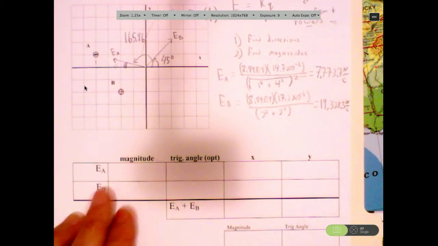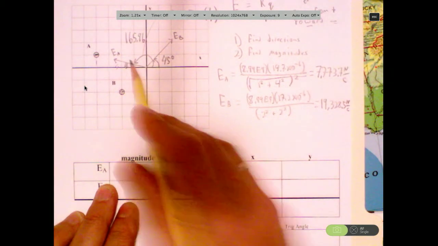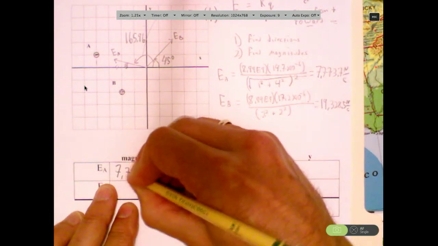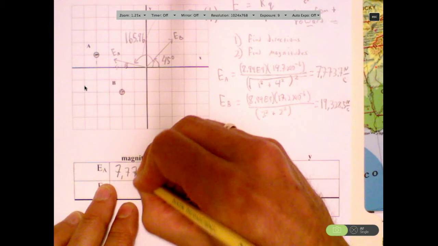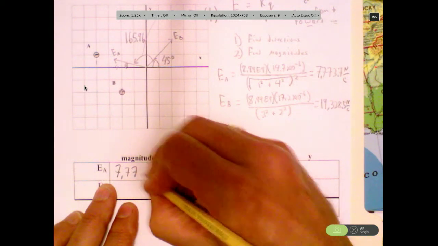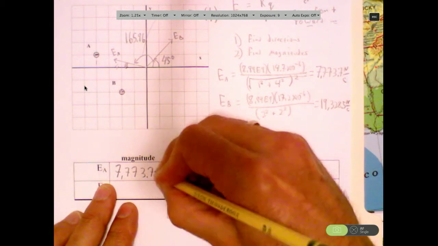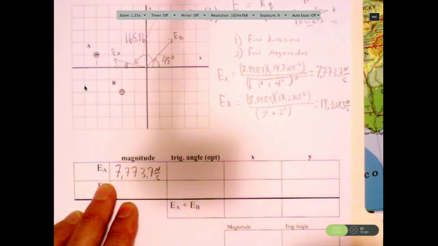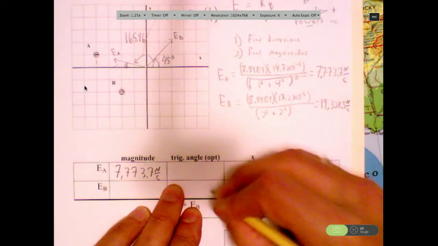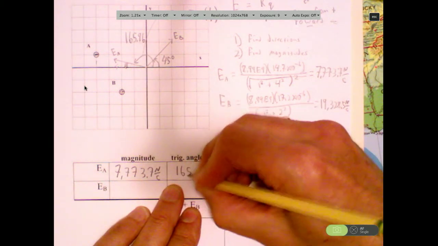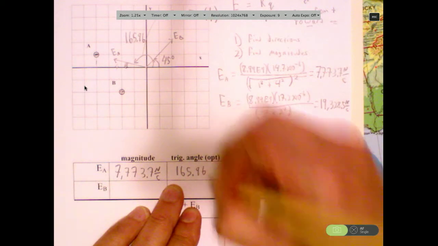Okay, so the magnitude of A is 7773.7 newtons per coulomb, right? The trig angle for A is 165.96.